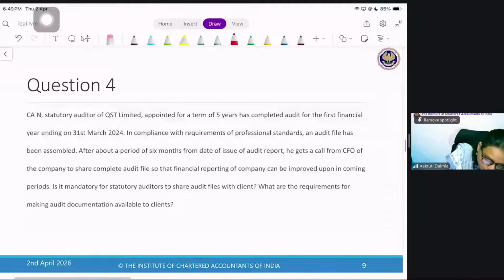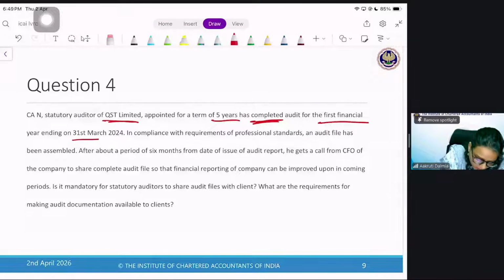CAN, the statutory auditor of QST Limited, appointed for a term of 5 years, has completed audit for the first financial year ending 31st March 2024. In compliance with the requirements of professional standards, an audit file has been assembled.